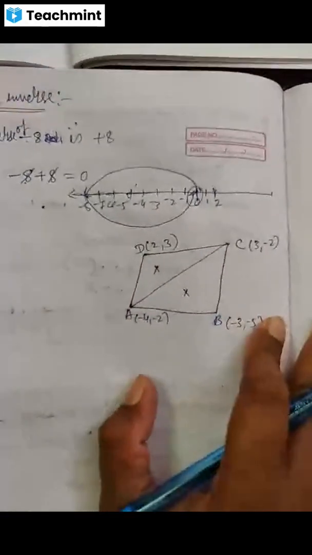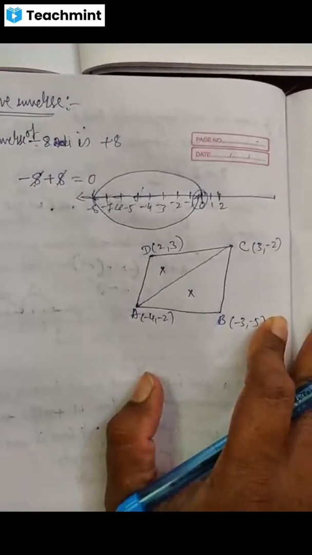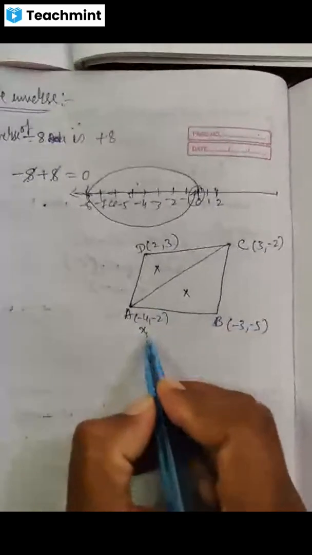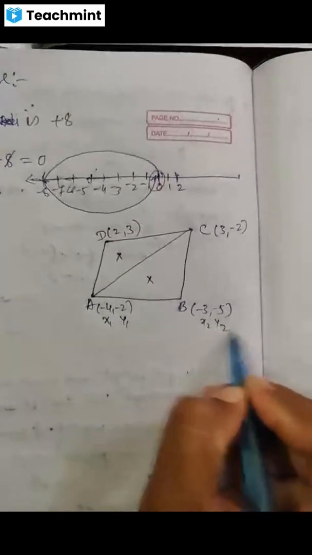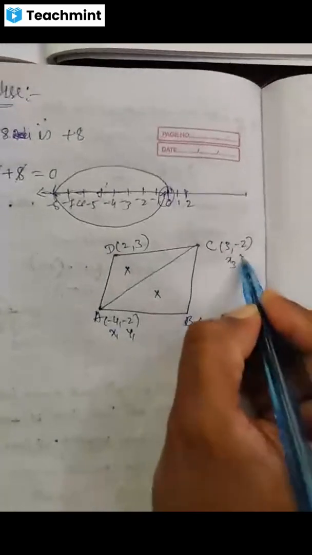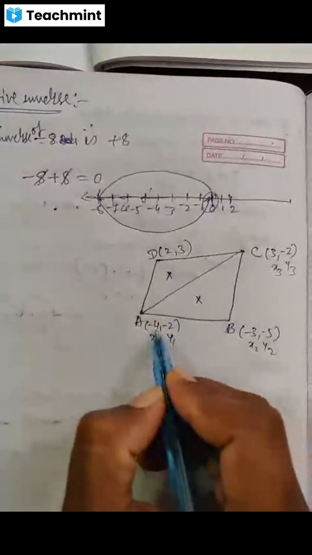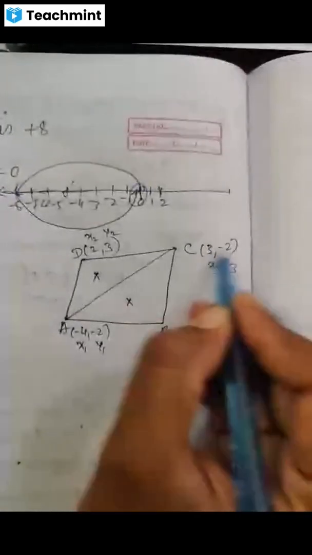All of you understood? To find the area of triangle ADC, A is already x1, y1, so take this as x2, y2 and this as x3, y3.